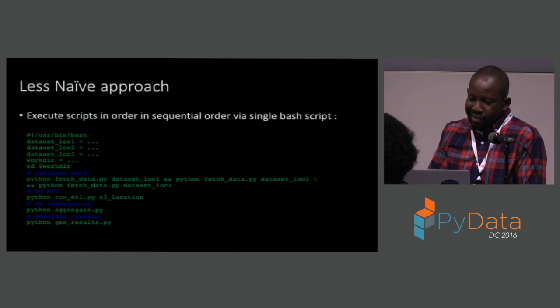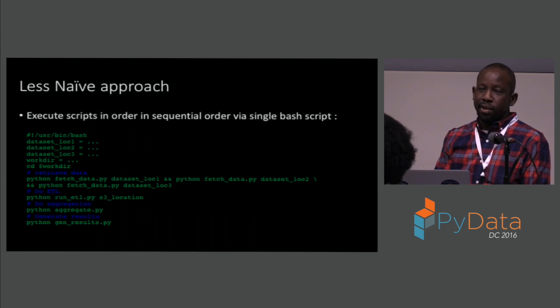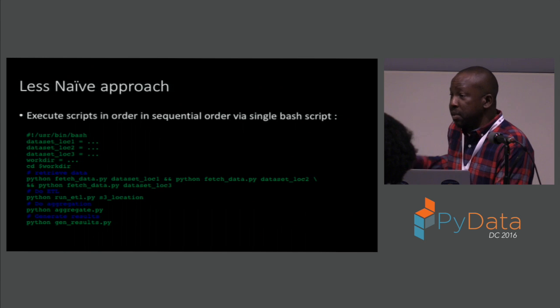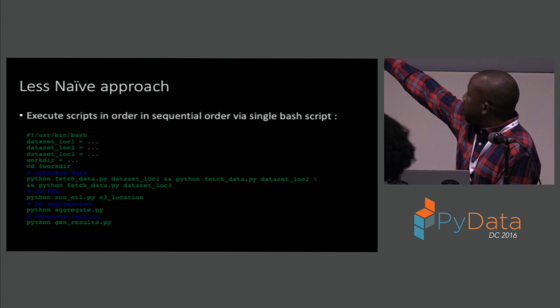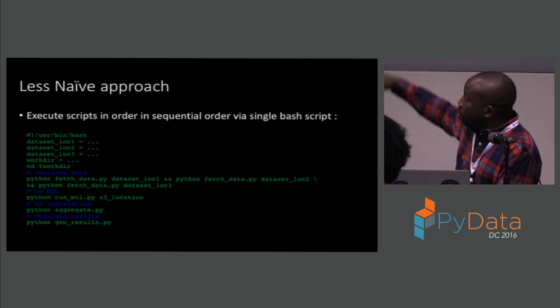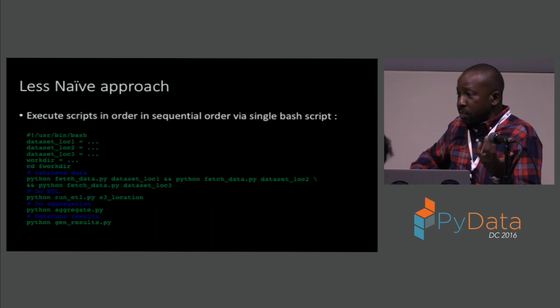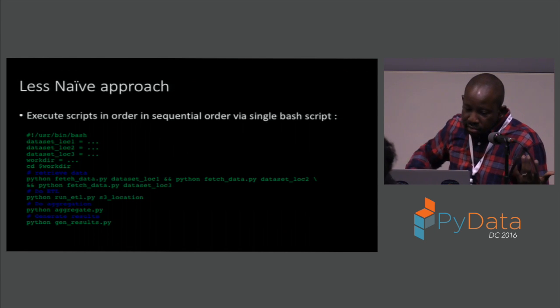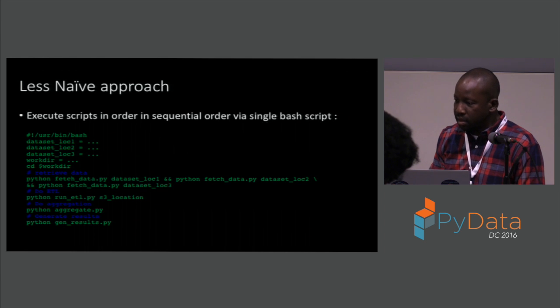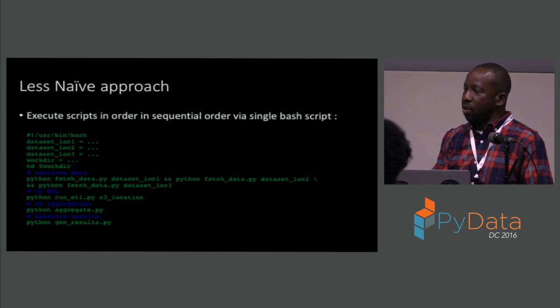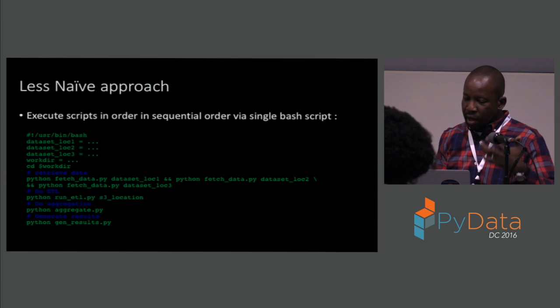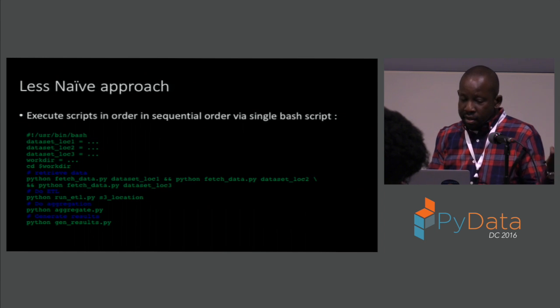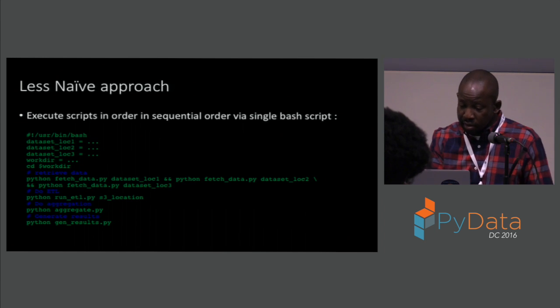However, that is also problematic. What if we have errors in an intermediate step? Let's say that fetch data on data set 2, there was a formatting error or something, or the network was unavailable and there was a failure.